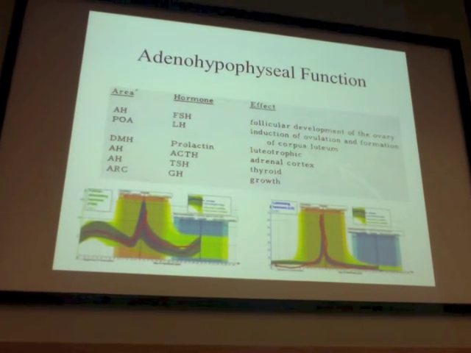So it turns out that FSH and LH are also very important in men. So the FSH is very important for spermatogenesis in men, and luteinizing hormone is very much responsible for producing testosterone. And so they have a little different role in men and women, but very important for reproduction.